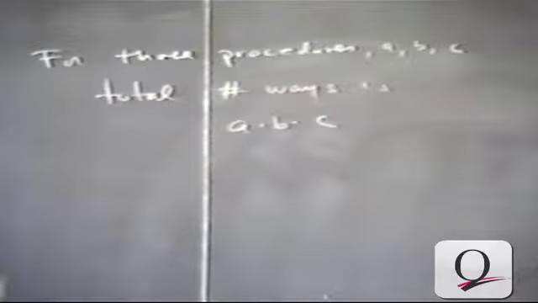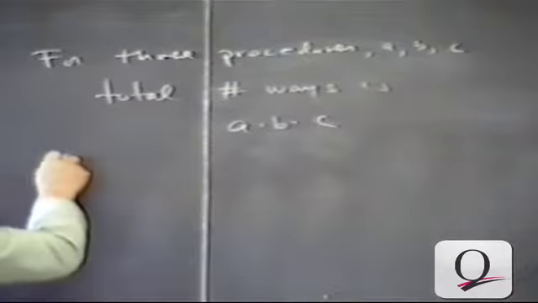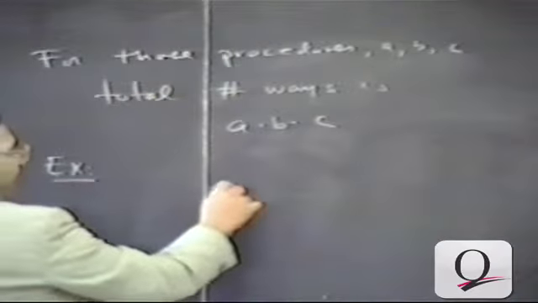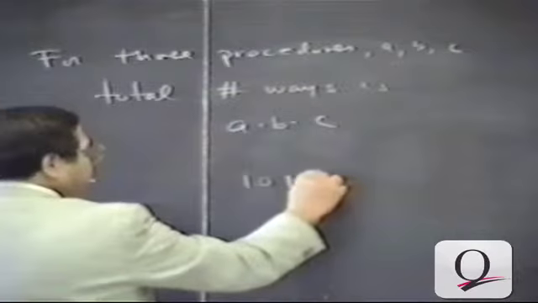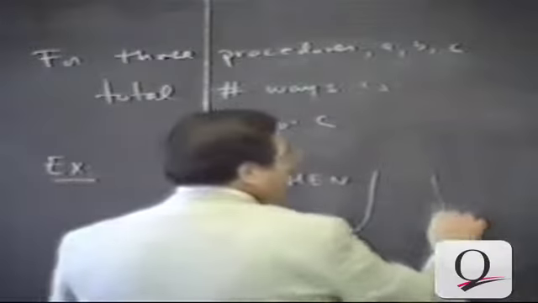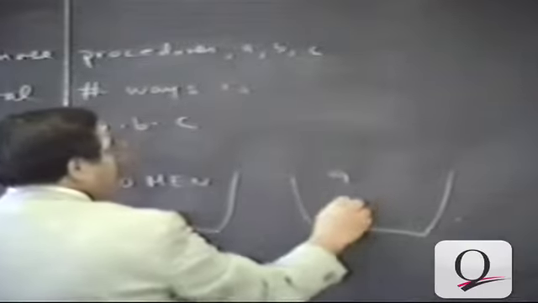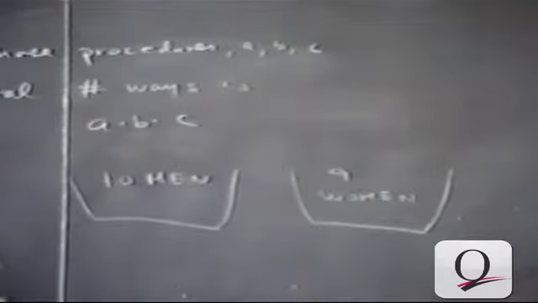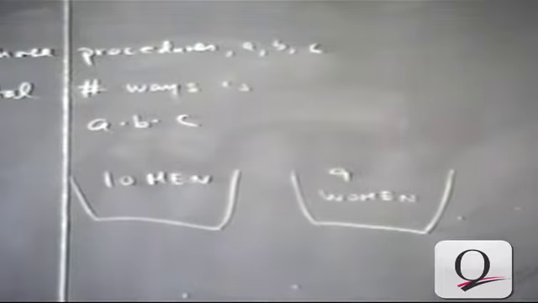Let's take an example. Suppose you have one room with, let's say, 10 men, and another room with, let's say, 9 women. And you want to find out how many ways can you pick one man and one woman.